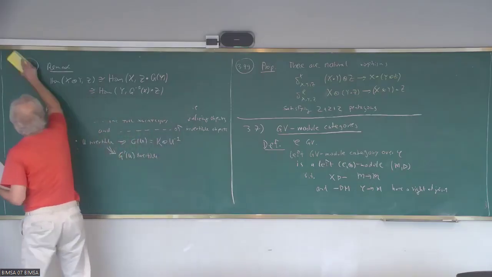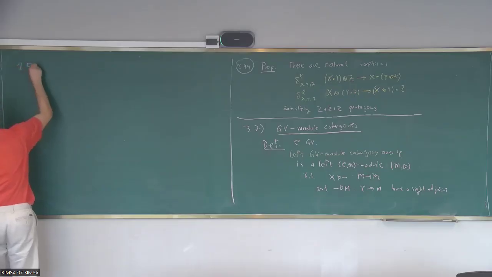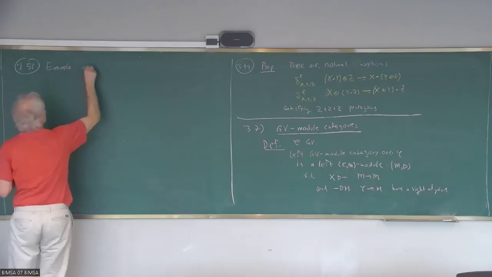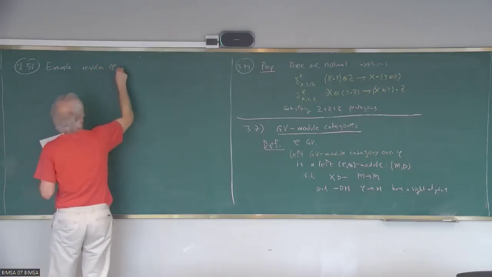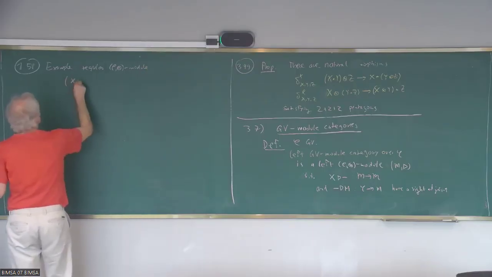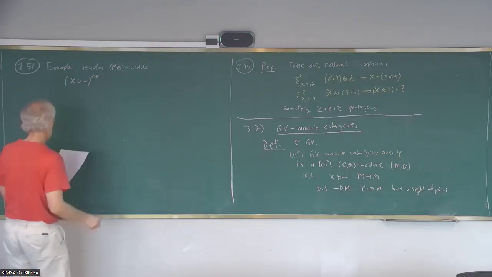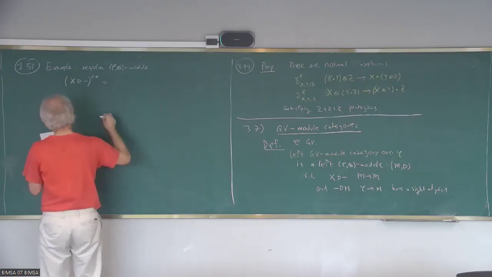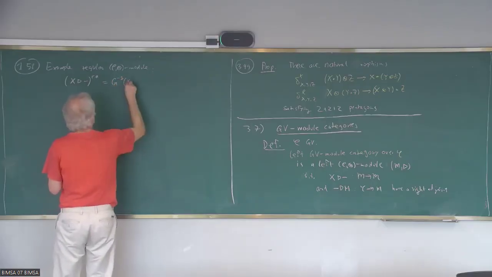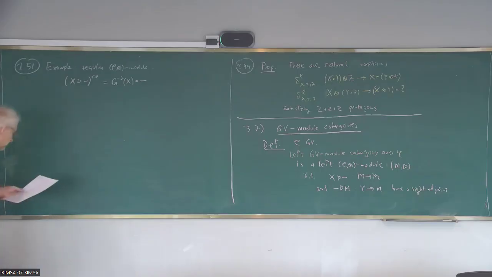Let me just give one example for these adjoints. You can take the regular C module. In this case, the right adjoint of this action functor turns out to be taking the GV inverse of X and tensoring with the other tensor product.